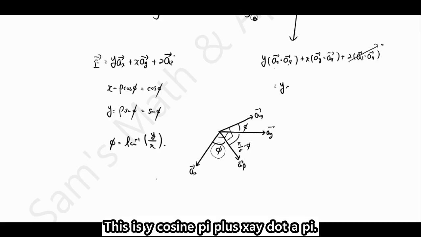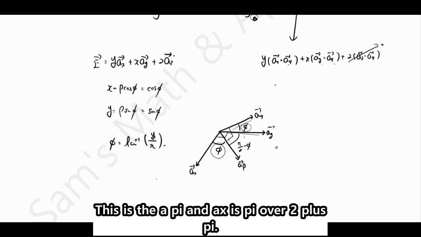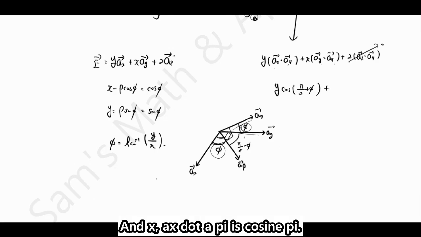This is y cosine phi plus x. a_y dot a_phi is a_phi, and a_x is phi over 2 plus phi. This is y cosine phi over 2 plus phi.